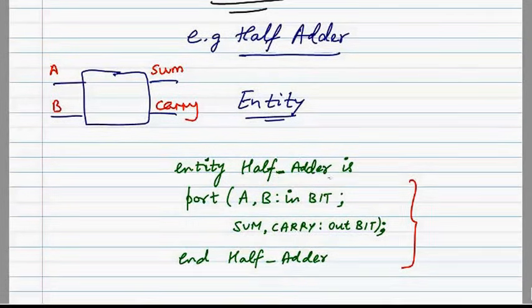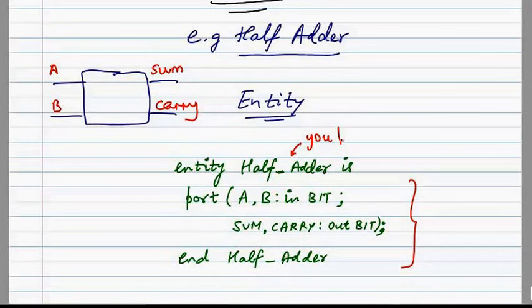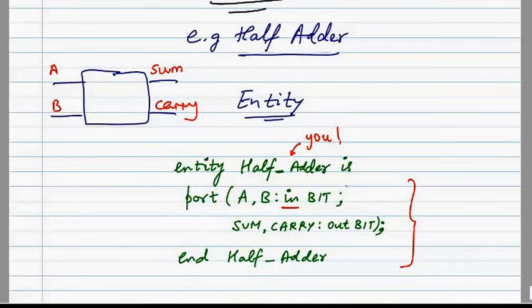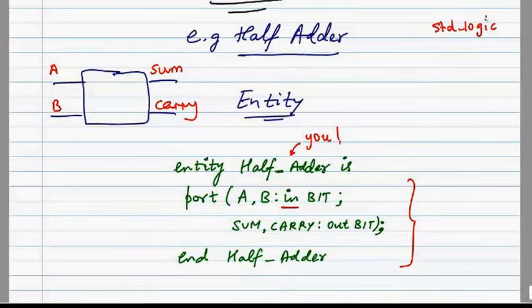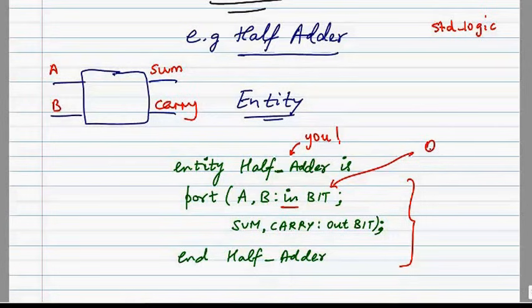Entity half_adder is, this was a user defined term, so the user has decided to give the term half_adder. Entity half_adder is the keyword port, the 2 ports A, B, of the type in. Now previously we saw the data type standard_logic, but here I'd like to introduce another data type which is of the type bit. Basically the bit data type can take only 0 or 1, no other values.